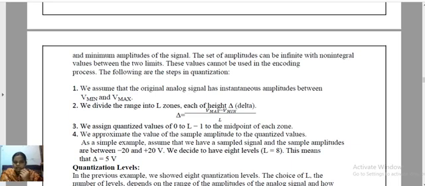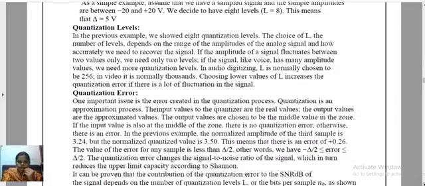Next, quantization means giving some label or quantized value to the sample. And third, decoding that quantized value. Sampling, quantization and decoding are the three phases of pulse code modulation.